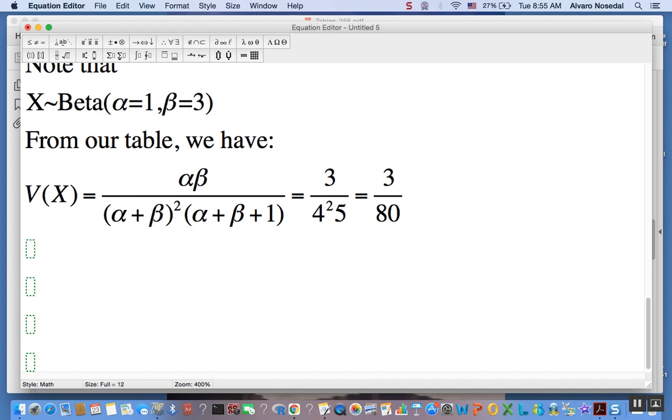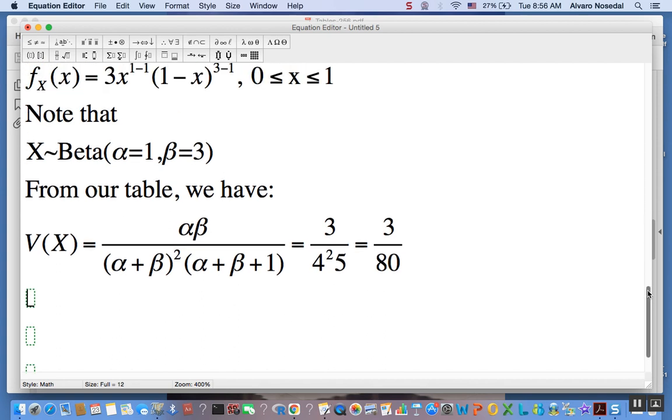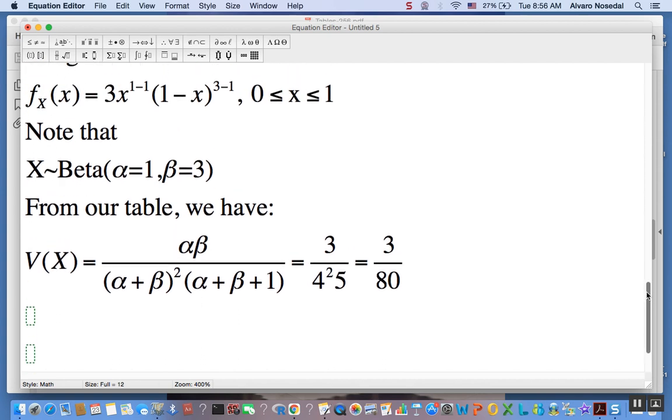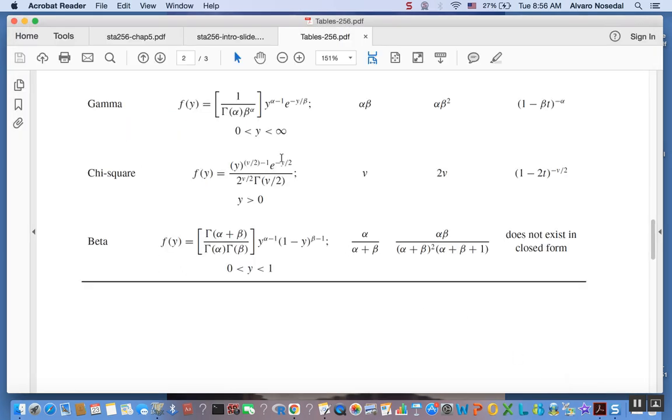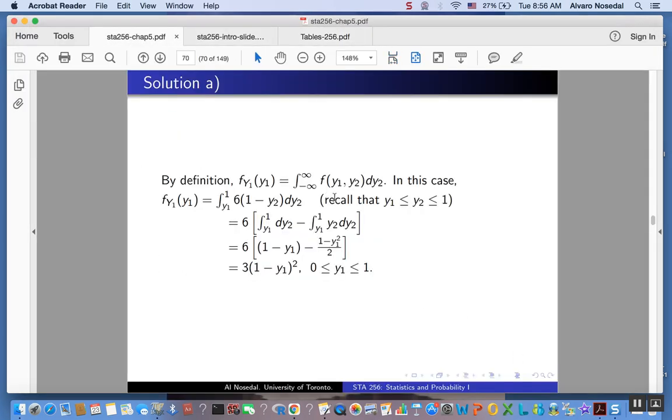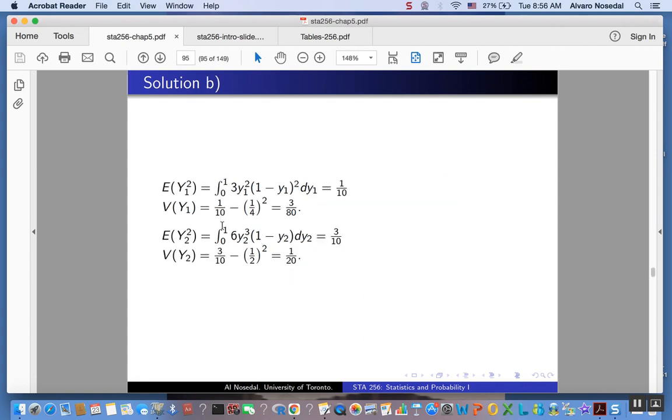We got that because we were able to identify that the marginal was a beta distribution. Otherwise, you could have found it in a different way. An alternative solution would be to just find the expected value of y1 squared, or x squared using our labels.